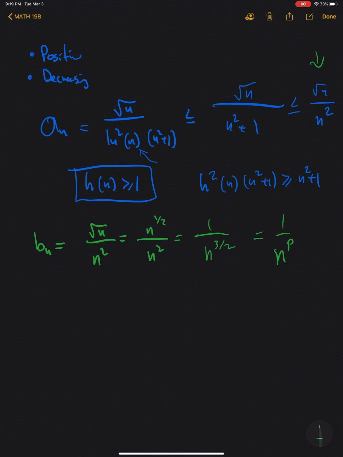What I know about this new sequence is that it is convergent. We know that 1 over n to the 3/2 is convergent by the p-test, because in this case we have p equals 3/2, which is bigger than 1.